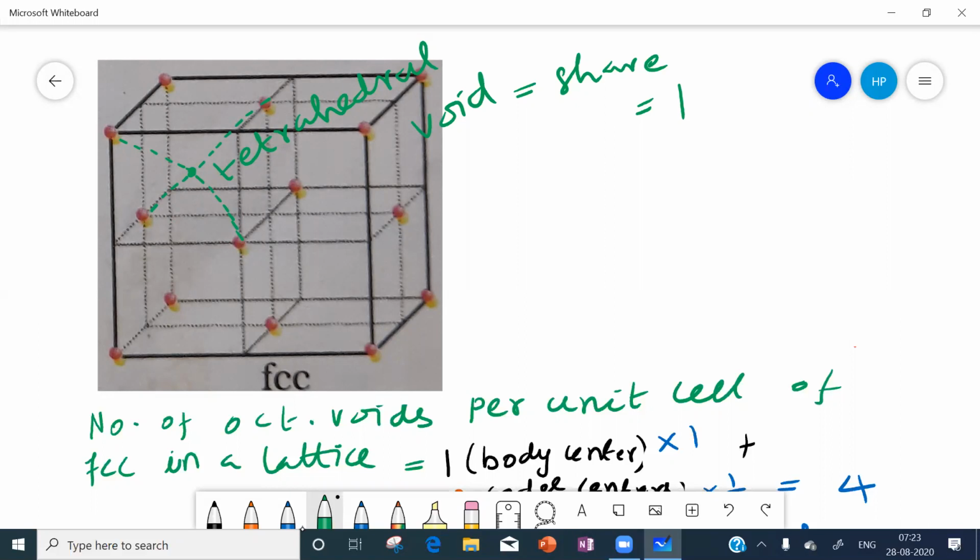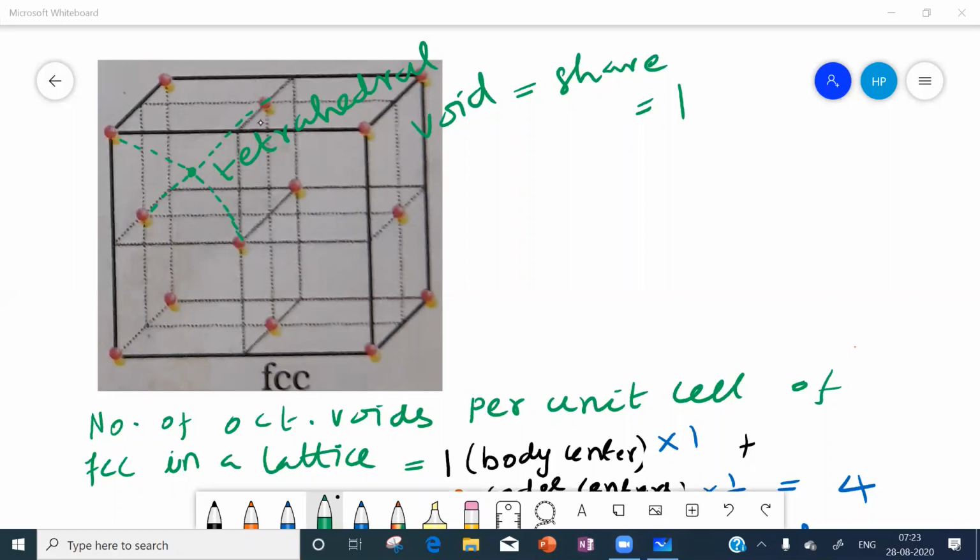This is one FCC unit cell. In this FCC unit cell, 8 small cubes are there. In one small cube, the center point is called a tetrahedral void, we said.